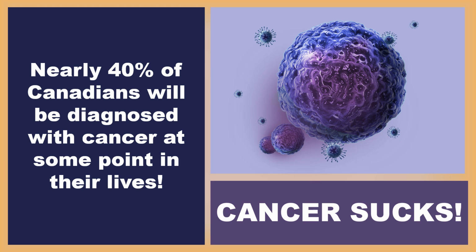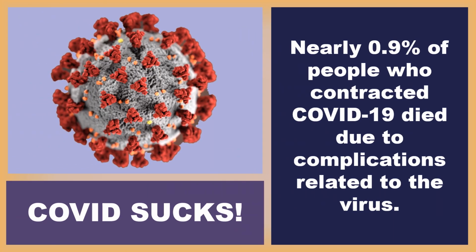If somebody were writing an article about cancer, they might note that 40% of Canadians will be diagnosed with cancer at some point in their lives. In this way, the reader will see the prevalence of the issue and how it is relevant to them as well. However, if we were to say that nearly 0.9% of people who contracted COVID died due to complications related to the virus, this percentage is so small it's not nearly as compelling.